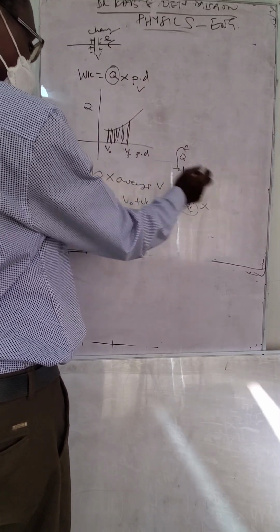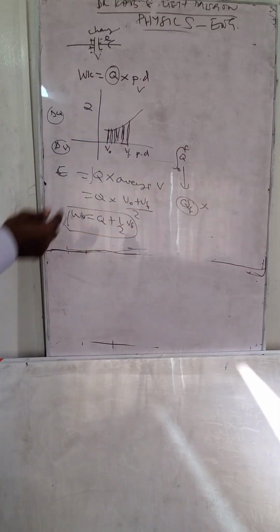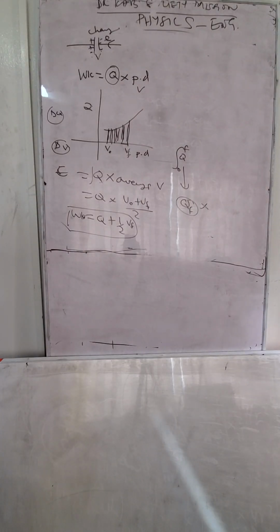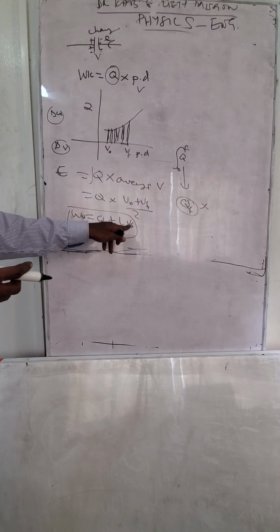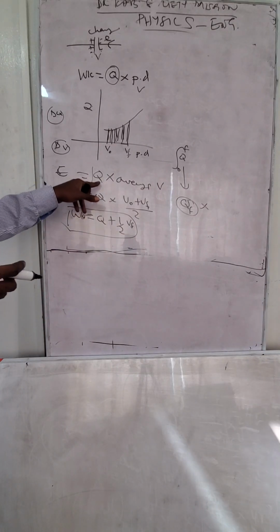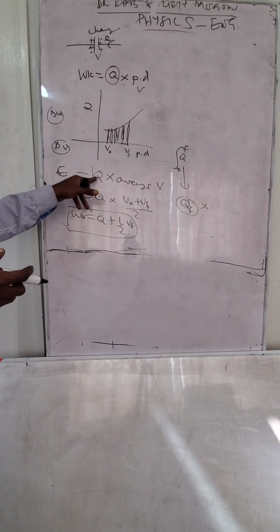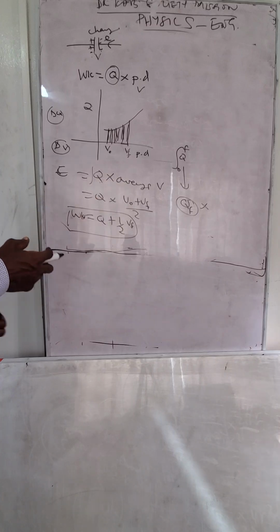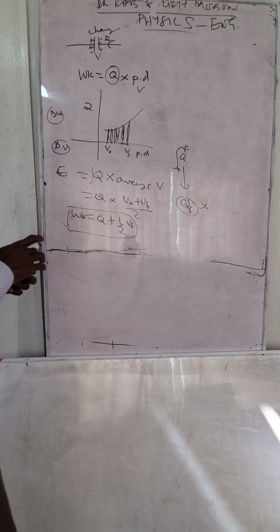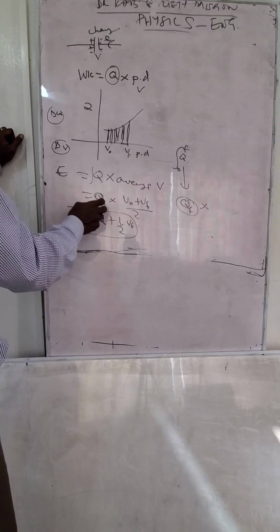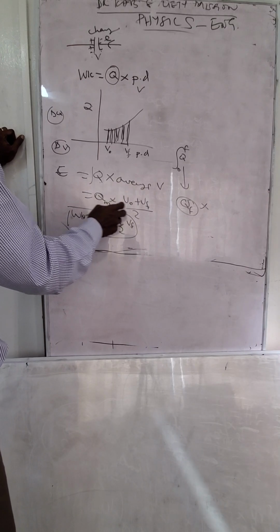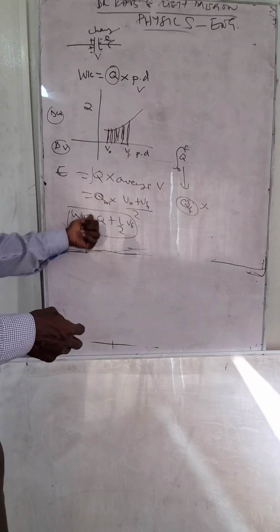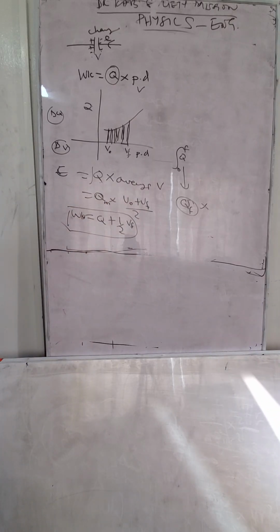This is going to move from that side to that side, and then from 0 to that, the average will be the answer for V. Of course, if you are integrating, you will need to integrate with respect to Q, so we must find an expression for it. So you can just use this simple calculation: the maximum charge that you have, times the average voltage, and that gives you the answer.